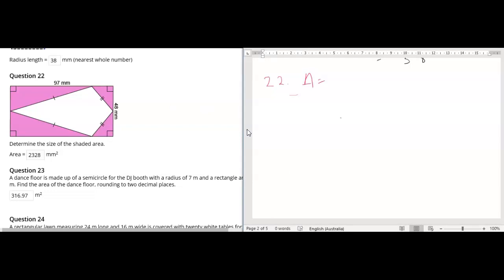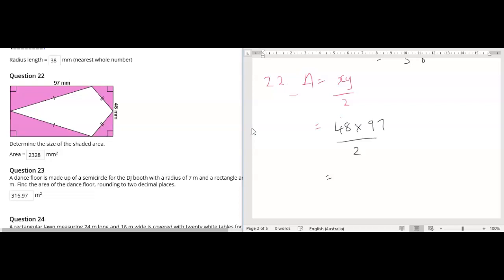So it's this vertical length. If you can imagine a kite with your 2 rods in it, you've got that vertical length and then this horizontal length. I think your textbook may have called them X and Y, so I'm going to use X and Y, but it doesn't really matter what letter you use, or maybe they use A and B. All right, so then we've got 48 and 97 divided by 2.